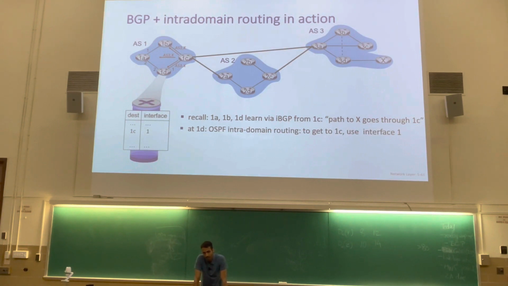Its forwarding table is going to look like destination and outgoing interface. 1B, through the intra-domain routing protocol like OSPF, knows that to reach 1C, it has to send the packet on interface 1. It knows that through just the intra-domain routing protocol.